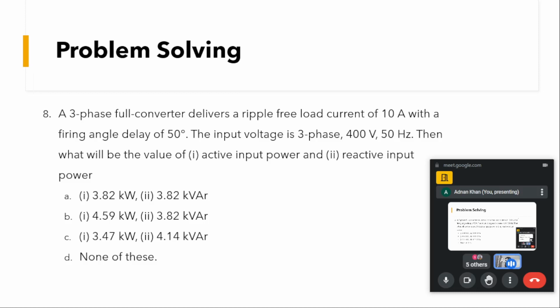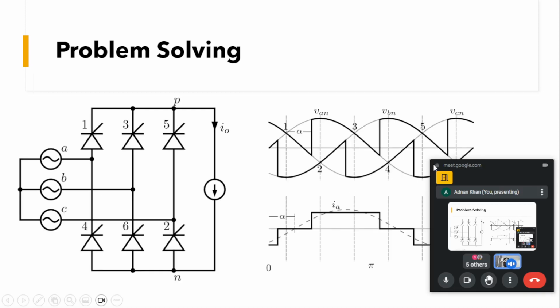Also the firing angle delay is 50 degree, and the input voltage is 3-phase 400 volt 50 hertz. So what we have to calculate here is the active input power and reactive input power. There are certain options given here, and we'll look into what is the correct answer.